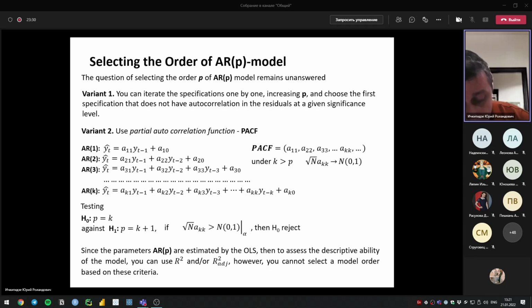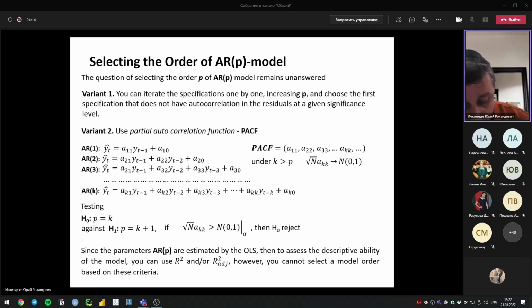Next, this PAC function, consisting of these diagonal coefficients of the autoregressive models, is checked for significance. It is known that where our coefficients become insignificant, that is, where it is already greater than the optimal autoregression parameter, the distribution of the root of n multiplied by these autoregression coefficients is normal with parameters 0 and 1.